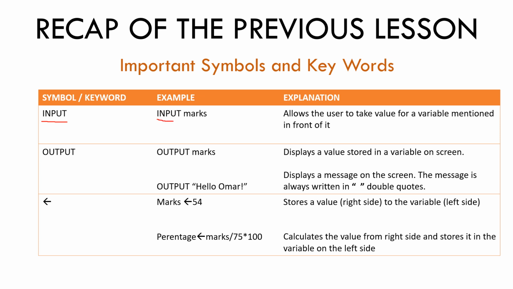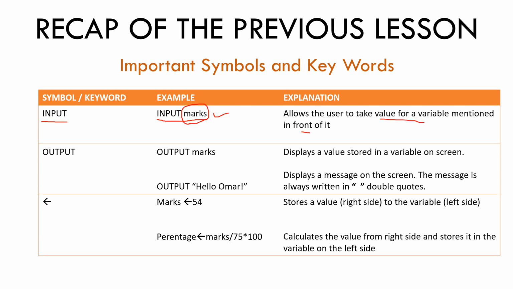For example, if you write the statement input marks, it will use this variable marks and allow the user to enter a value for the variable mentioned in front of it. So this will allow the user to enter a value that will be stored in the variable marks.